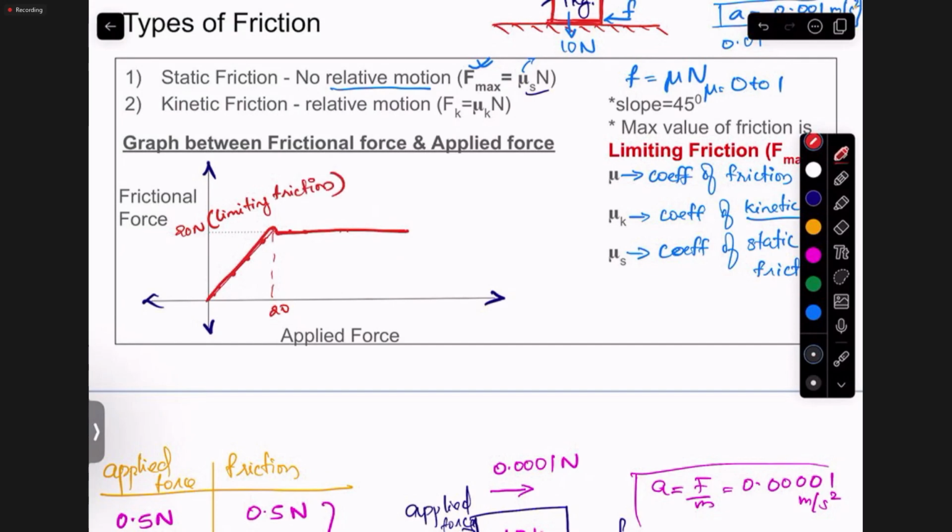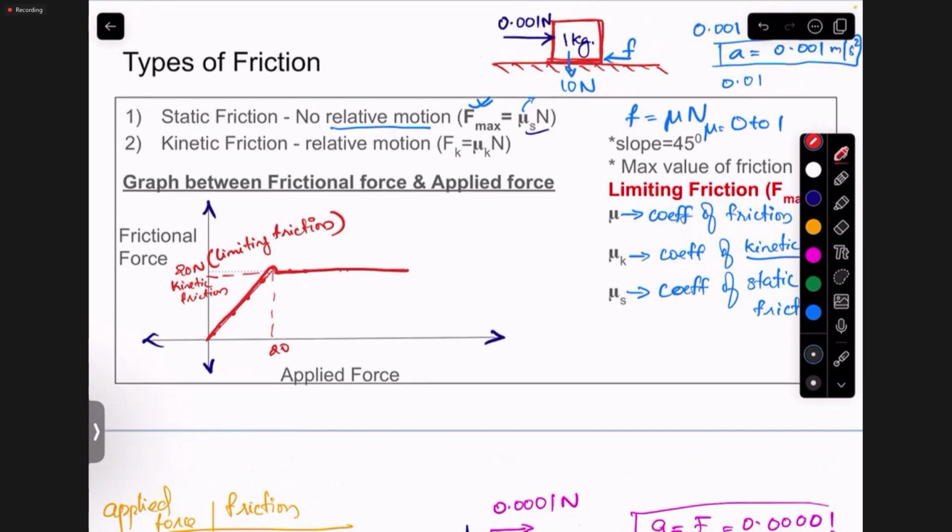Okay. And this parallel value, or the constant value, is called kinetic friction. Now, for solving the problem, to know how to calculate Fk, that is the kinetic friction, and static friction, how it works, you should know that also.